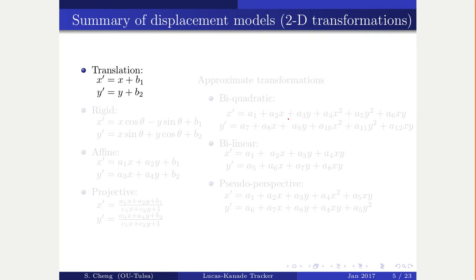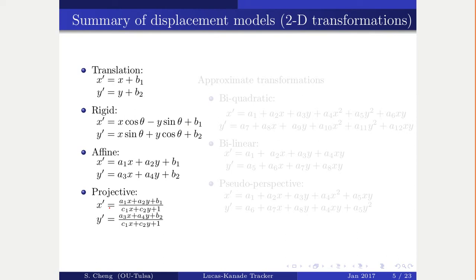So here are some of the equations for these transformations. Let's say translation is basically just shifting the coordinates. So we start with coordinate x, y and shift by b1 and b2. And then we have the rigid transform, where this part is basically the rotation, followed by shifting. We can have an affine transform. In this case, all these coefficients are independent, so it's even more flexible than the rigid transform.